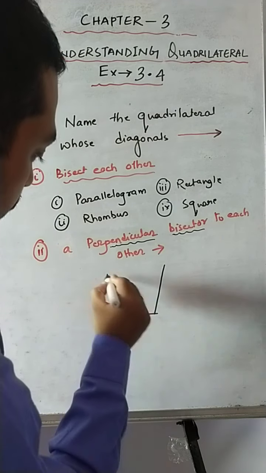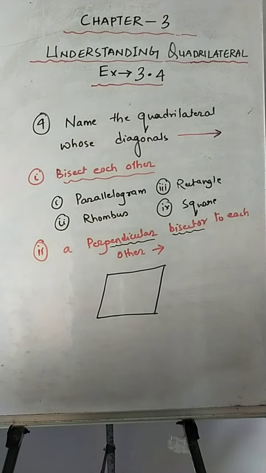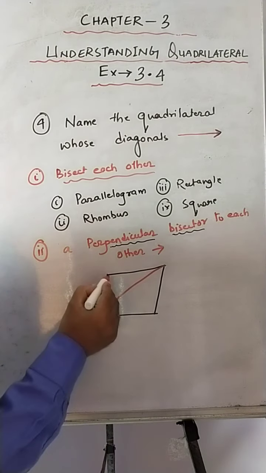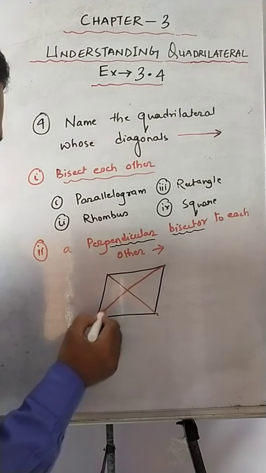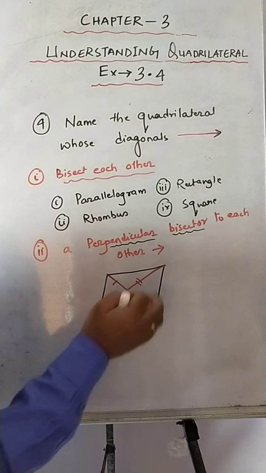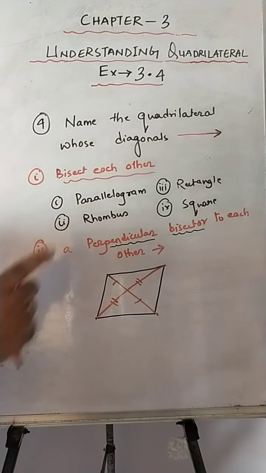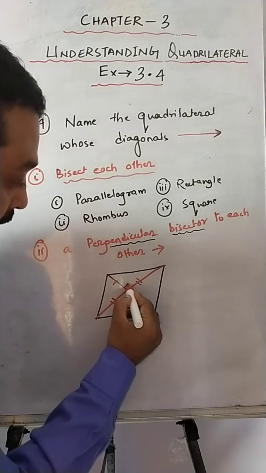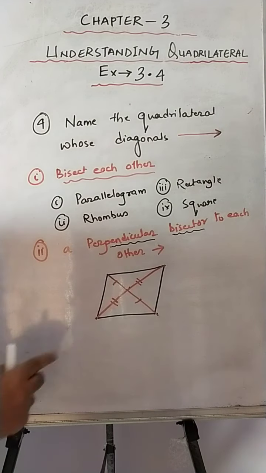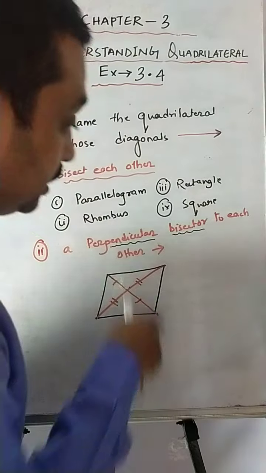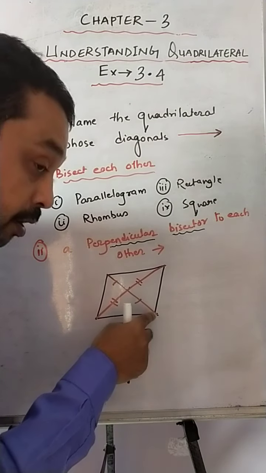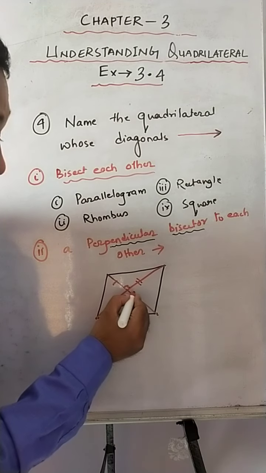We know that in a parallelogram the diagonals bisect each other, that means they divide themselves into two equal halves. But are they making 90 degrees here? No, they are not. But there are some quadrilaterals among these in which they are bisecting and also forming 90 degrees.